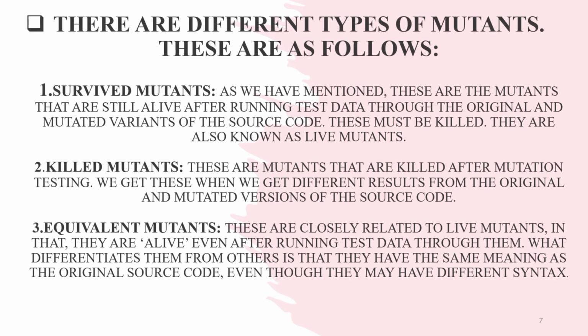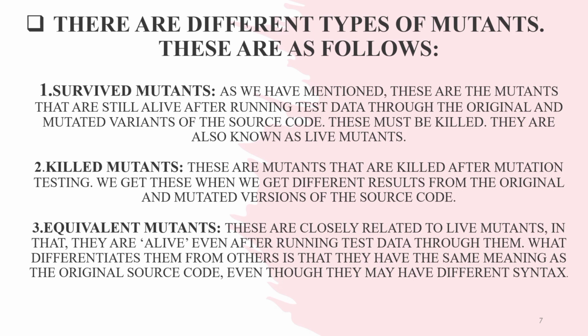So there are different types of mutants. Survived mutants, as we have mentioned, are the mutants that are still alive after running test data through the original and the mutated variants of the source code. These must be killed. They are also known as live mutants. Killed mutants are the mutants that are killed after the mutation testing.